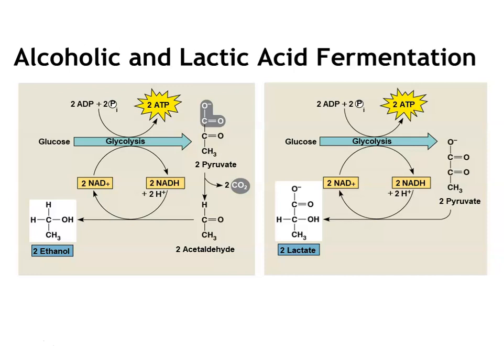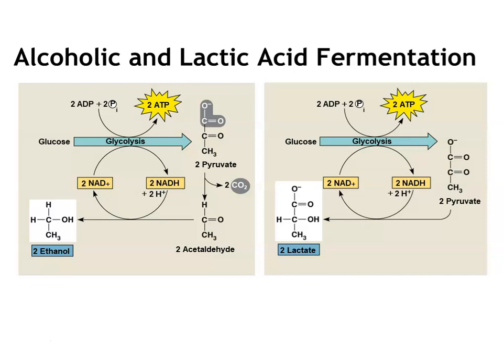You have the 2 ATP that get made in glycolysis. You make your pyruvate. Again, in alcoholic fermentation, the pyruvate has to have a carbon dioxide molecule removed, similar to the oxidation of pyruvate that turns it into acetyl-CoA.